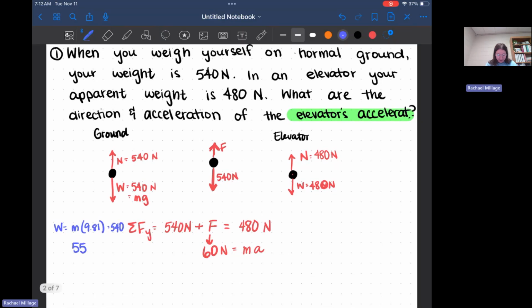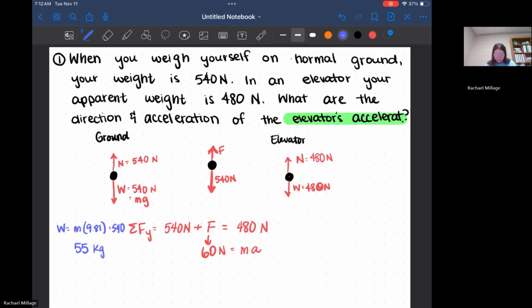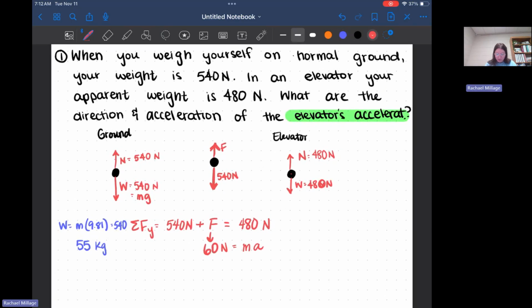And it's 55 kilograms. So now I can plug that 55 in. So I have 60 newtons equals 55 kilograms times my acceleration.